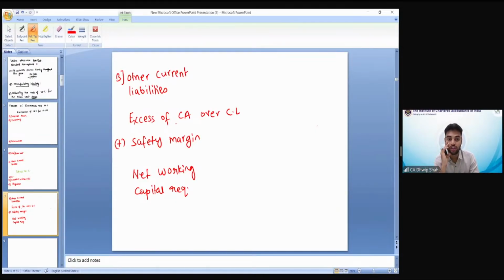It is not the actual figure because we are estimating. There are bound to be some errors possible. Yes or no? There are chances of mistakes. So always add safety margin. If safety margin is not given in the question, then you ignore it. Then this amount is your working capital required.